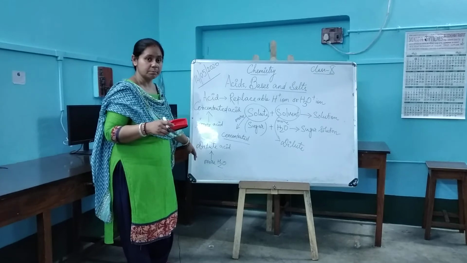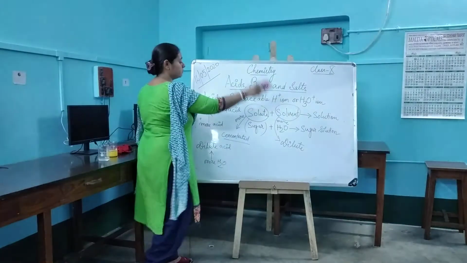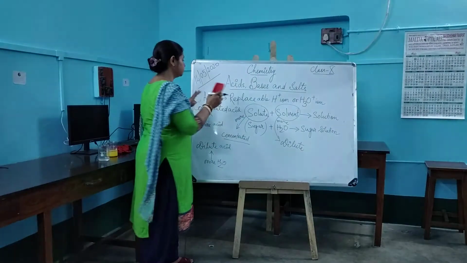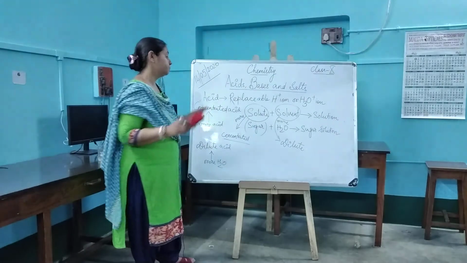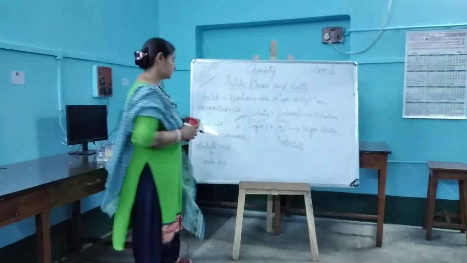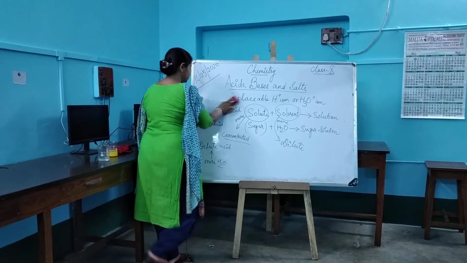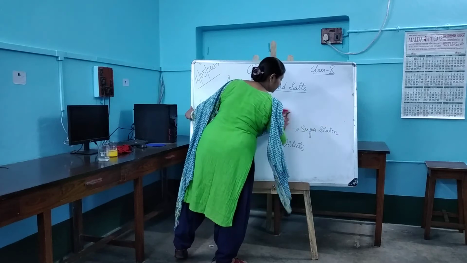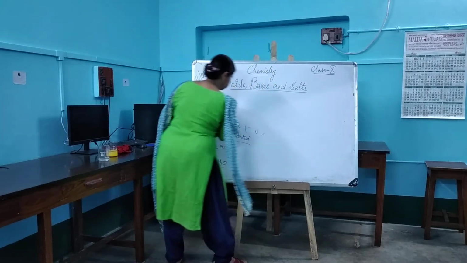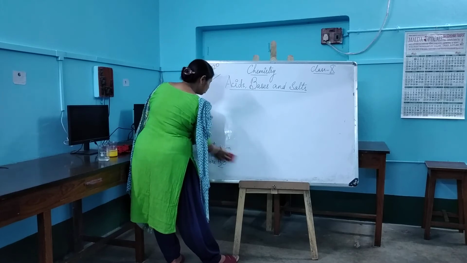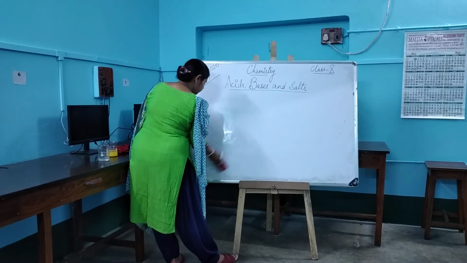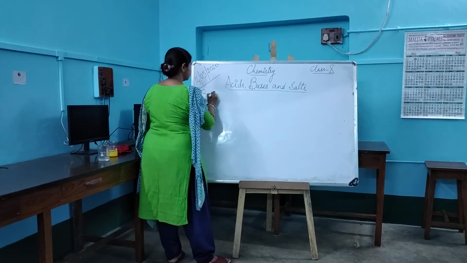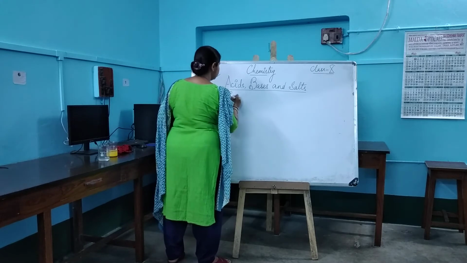Now, this was about the basic physical concept of the different types of acid. Now, we will move on to the bases. In case of bases, we normally define them by similar terms.